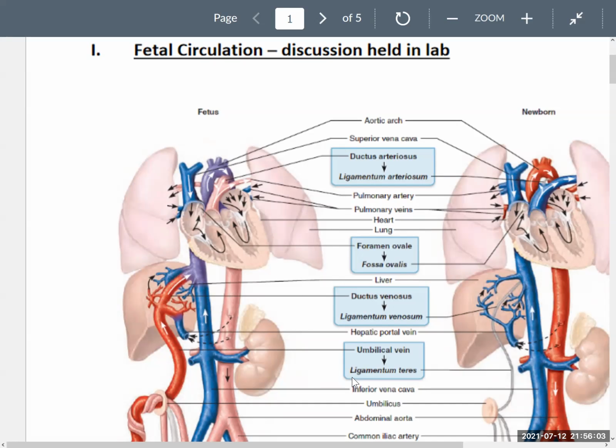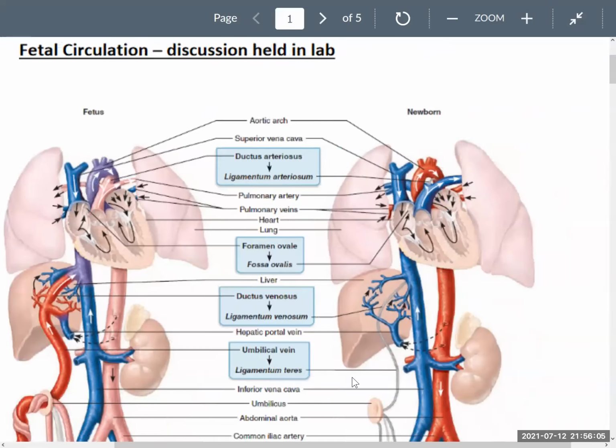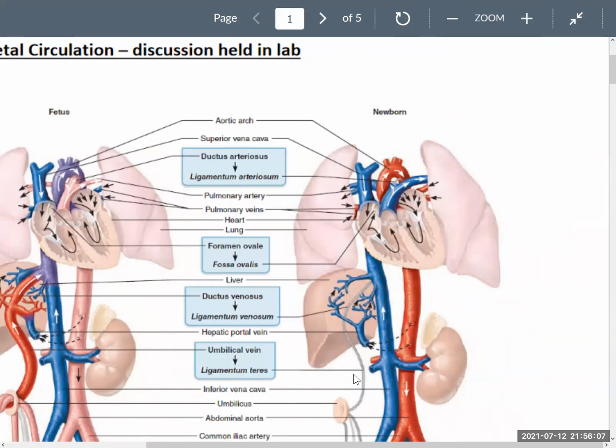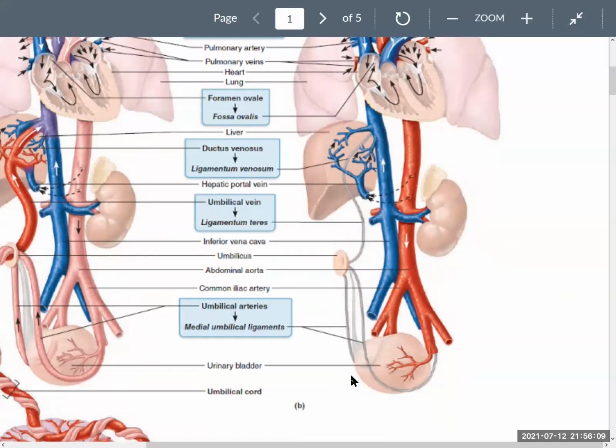Now, if we look over at the other side, there's really nothing to show you. You've seen it before, okay? Here you have the navel or umbilicus, and you have the ligamentum teres. I didn't give you that term, and I won't ask you.